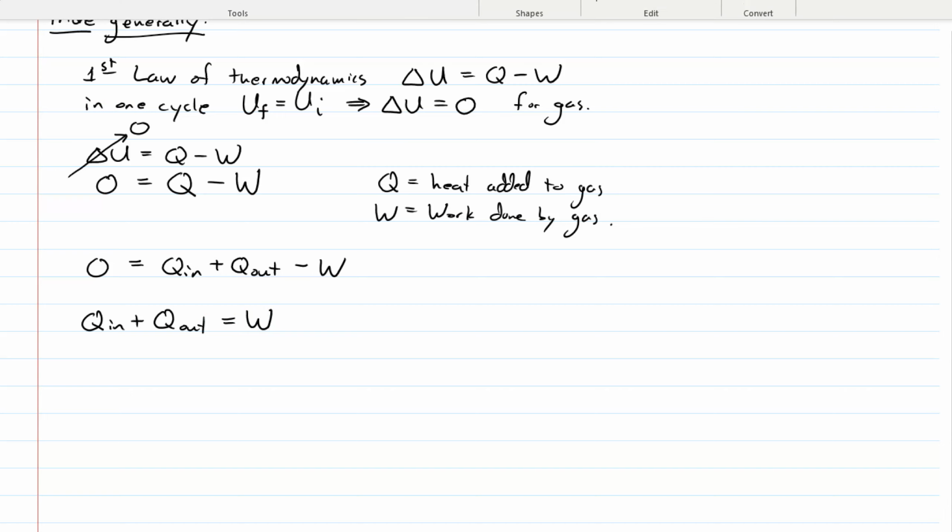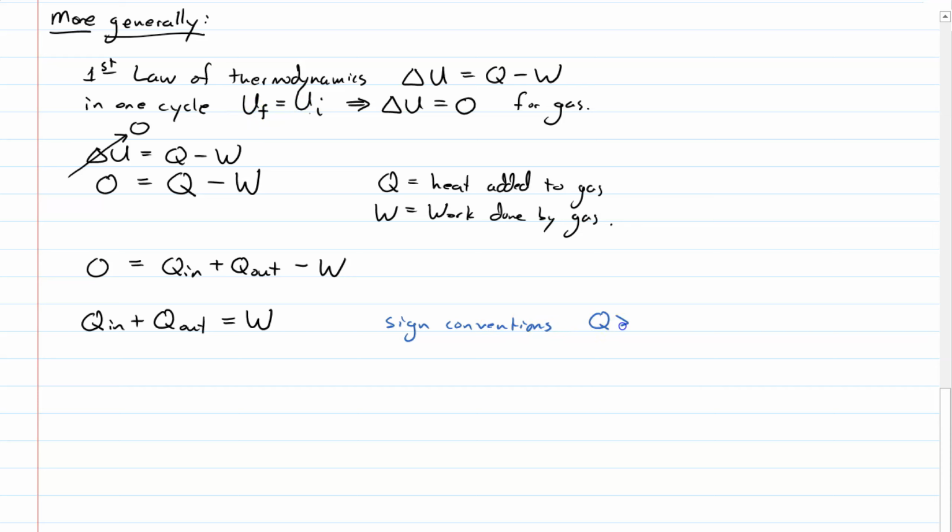Now, be very careful about the sign conventions. Remember, Q is positive if heat is added to the gas. Q is negative if the heat is removed or exhausted from the gas. Okay.